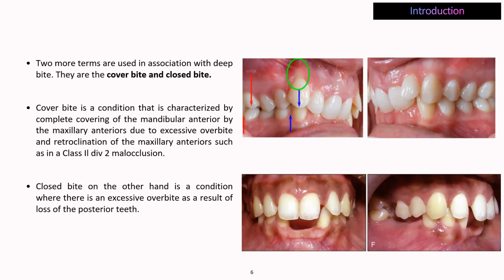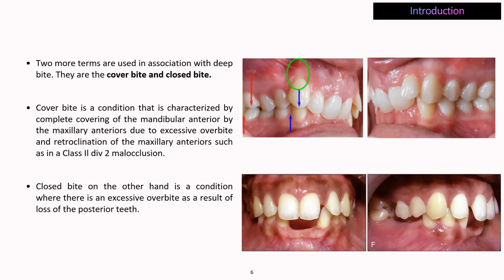As I told earlier, dental deep bite can occur mainly due to two reasons. One is cover bite. Cover bite is the excessive eruption of upper anteriors or lower anteriors. Closed bite is where deep bite occurs because of the loss of posterior teeth. When there is a loss of posterior teeth, there won't be any occlusion in the posterior aspect.